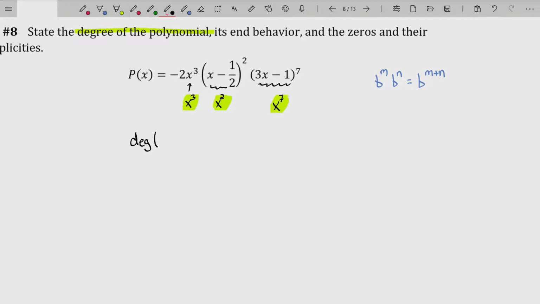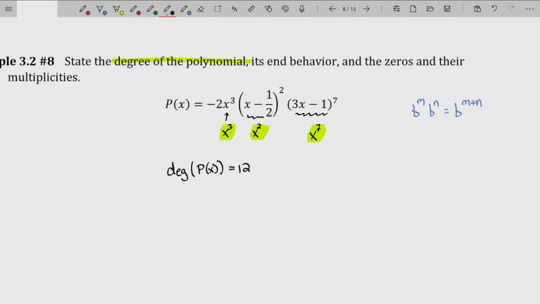So, and this is the notation that we use, the degree of p is 12, because that is the overall power if you add those exponents. Notice I didn't bother multiplying that out. That'd be terrible if I did. Somebody did all the beautiful work of pre-factoring this for me. I don't want to ruin that by multiplying it out. So we have stated the degree of the polynomial.